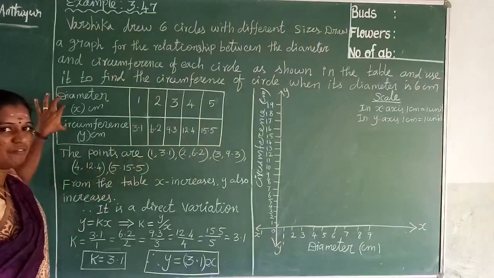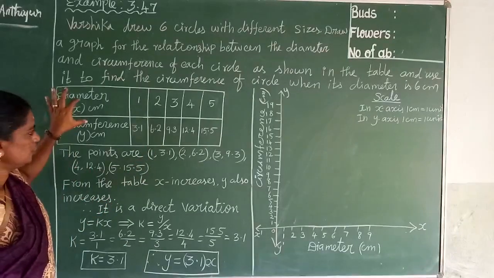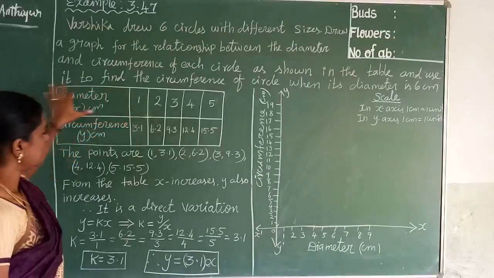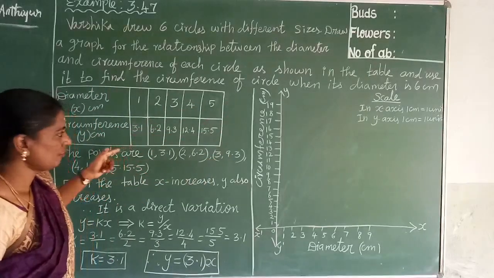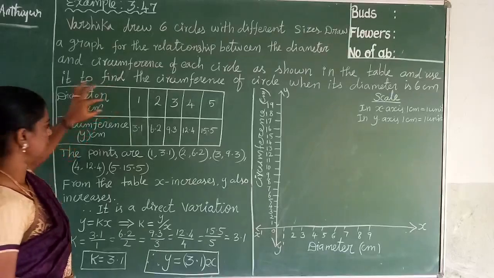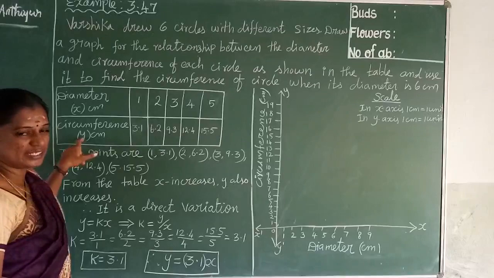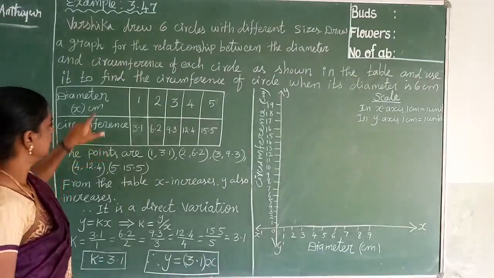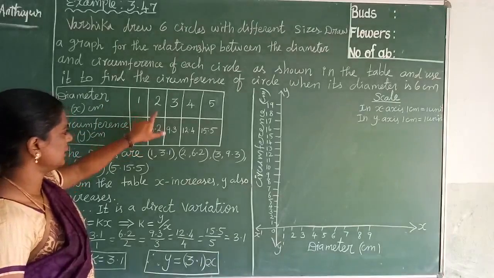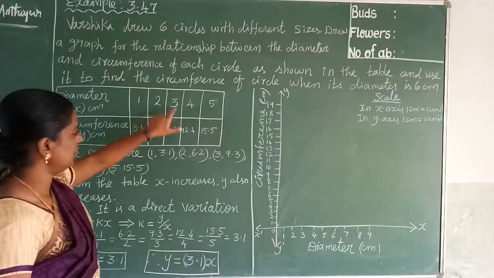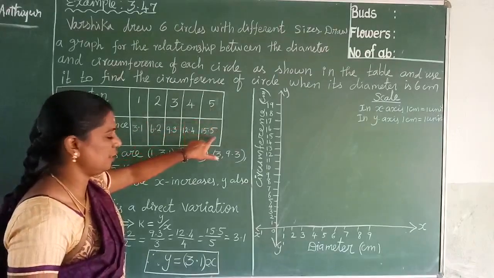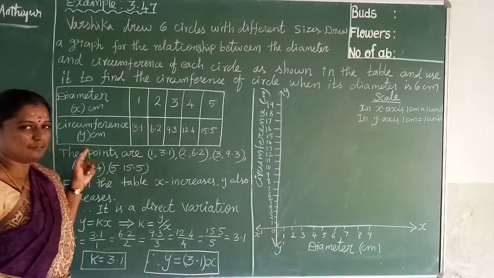The table column is given in the examination question paper itself. Again you want to draw the table in the graph sheet. Here diameter is considered as x, mentioned in centimeters, and circumference is considered on the y axis, also in centimeters. So for 1 centimeter, the circumference is 3.1, for 2 centimeters, 6.2, for 3 centimeters, 9.3, for 4 centimeters, 12.4, for 5 centimeters, 15.5 centimeters.